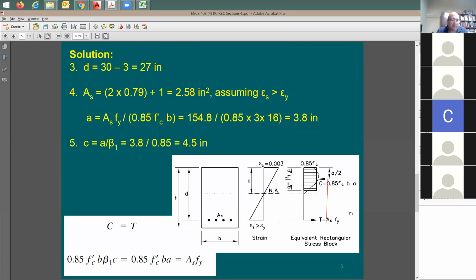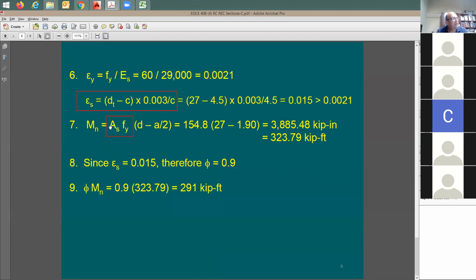We used to call it Z. So the moment equals C or T multiplied by this Z. And Z is equal to d minus this guy here. It's going to be the entire depth, d, minus a over 2. Now let me show it to you. As times fy, which means tension or compression. Now in this case, I use tension. d minus a over 2, which is Z, or y sub CT, if you want. I see it.